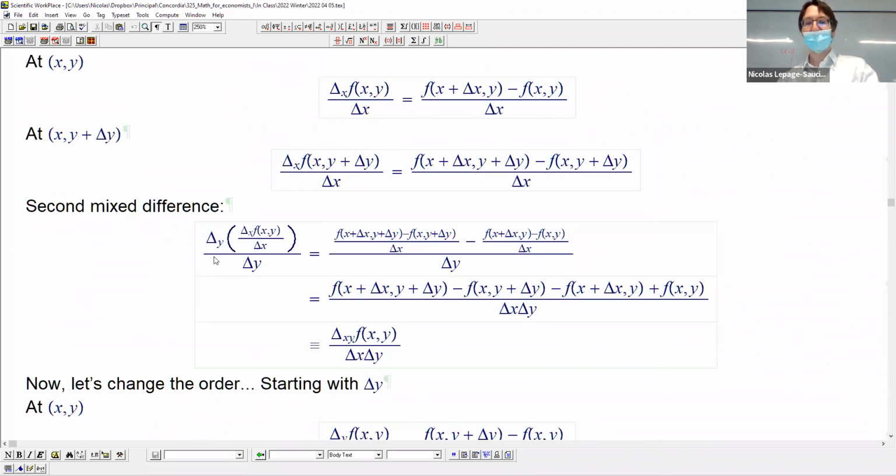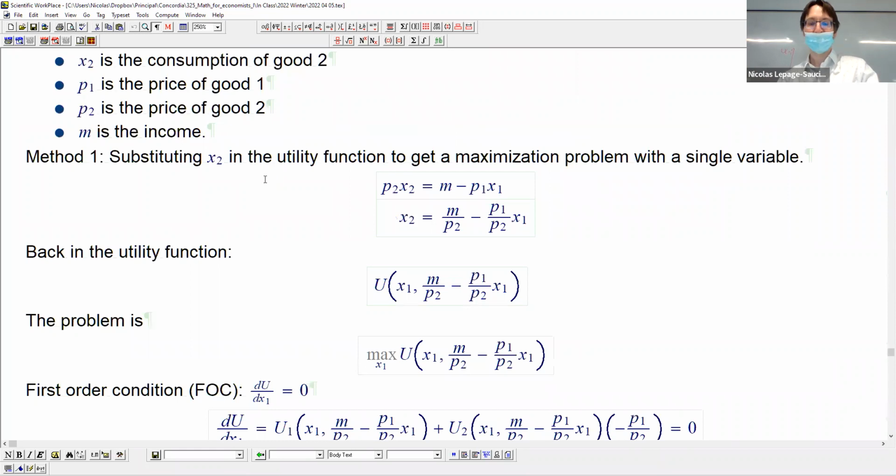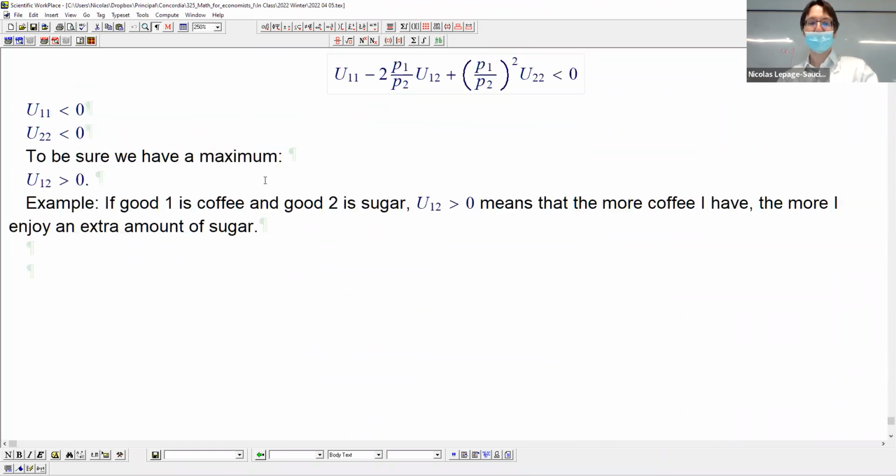So it's the impact of the change in the consumption of one good on the impact of the other good. So this is what's happening there. And funnily enough, if I want to be really sure I have a maximum, then this has to be positive.